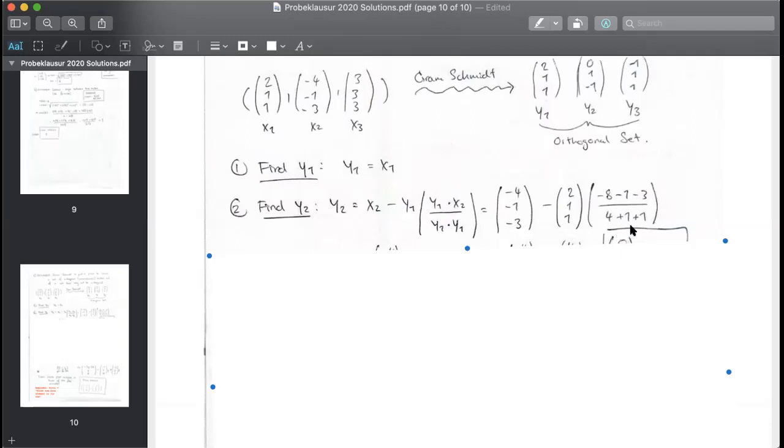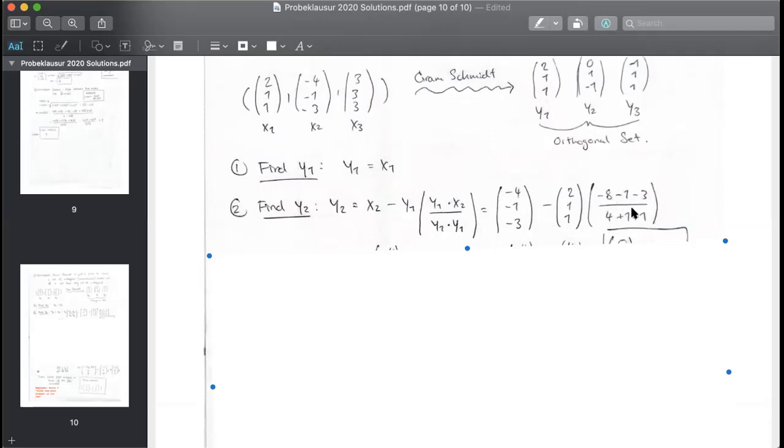That's the top part, right? And the dot product of the bottom part is the corresponding entries, but it's y1 with itself. So it's 2 times 2 plus 1 times 1 plus 1 times 1. So it's 4 plus 1 plus 1.